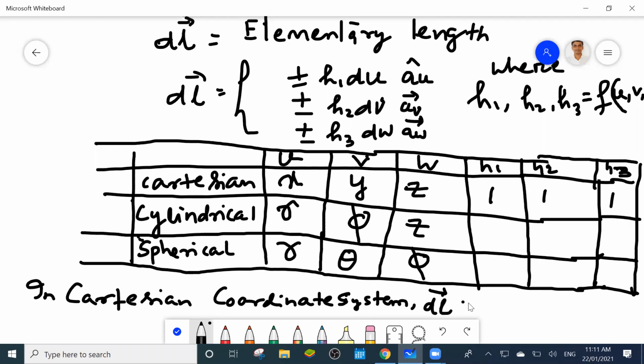Anyone guess? Plus minus h1 du au cap. So what is the value of h1? 1. du value is dx. In place of u, you write x. So dx ax cap plus dy ay cap plus dz az cap. Clear this one, everyone, or any doubt? Tell.